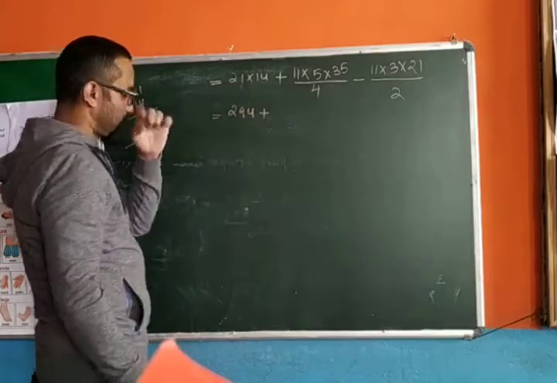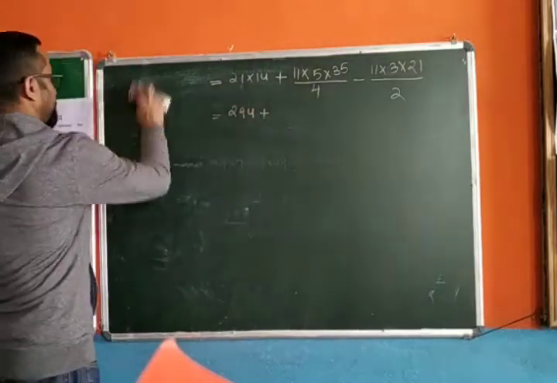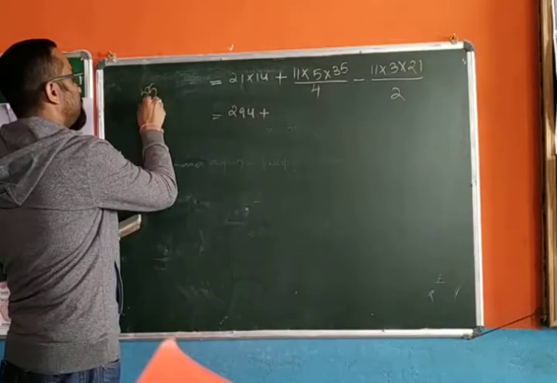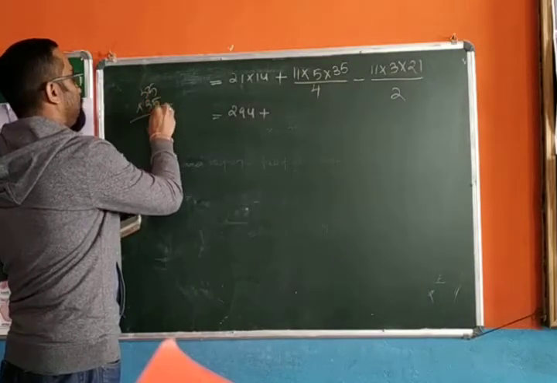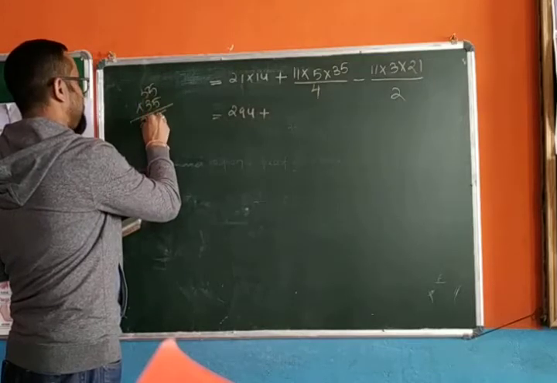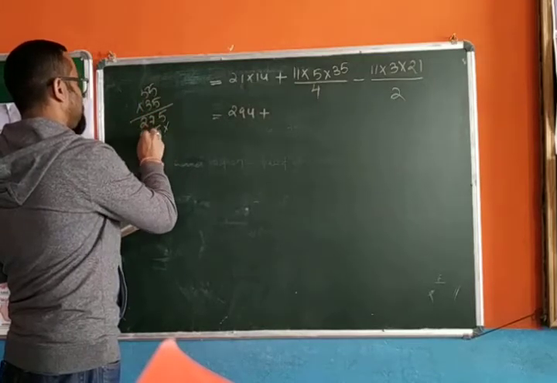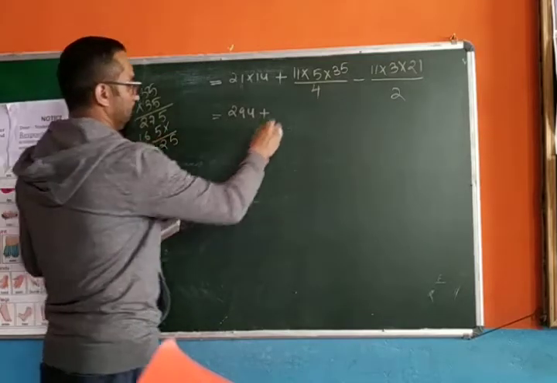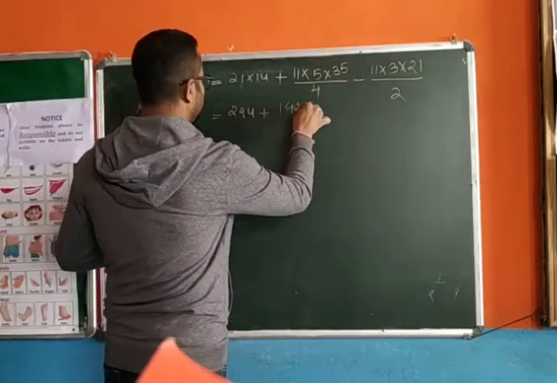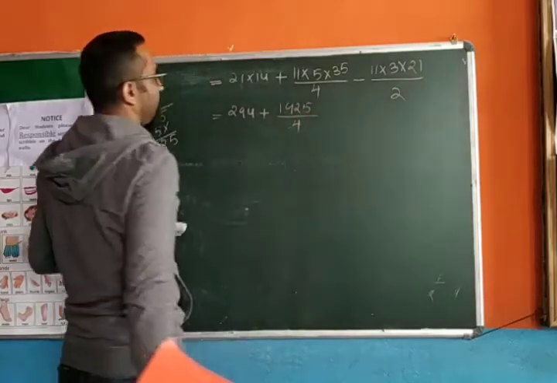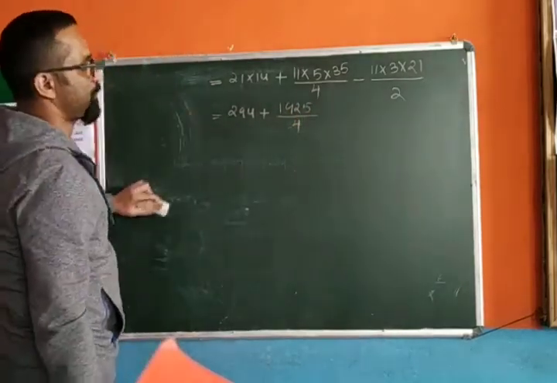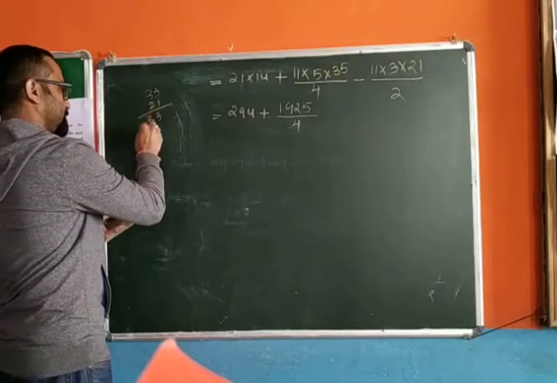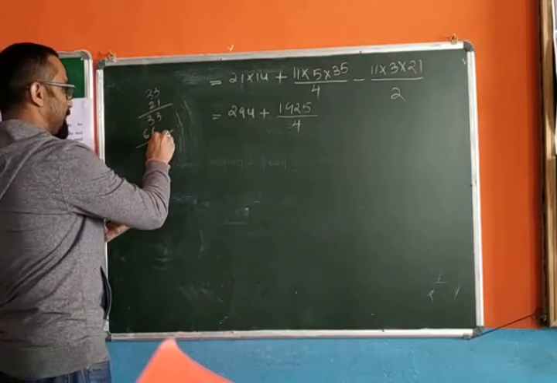Plus 55 multiplies 35: 1925 divided by 4. Second multiplication now. 33 into 21: 693 divided by 2.